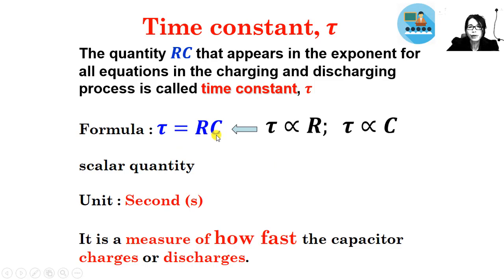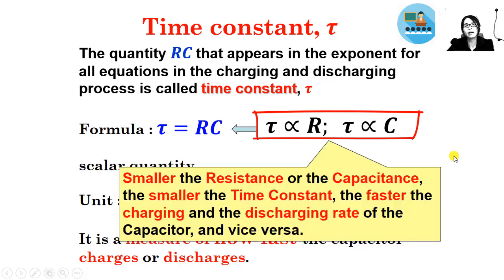From the relation, our time constant is directly proportional to the resistance and also directly proportional to the capacitance. So it tells us that the smaller the resistance or the capacitance, the smaller the time constant and the faster the charging and discharging rate of the capacitor, and vice versa.